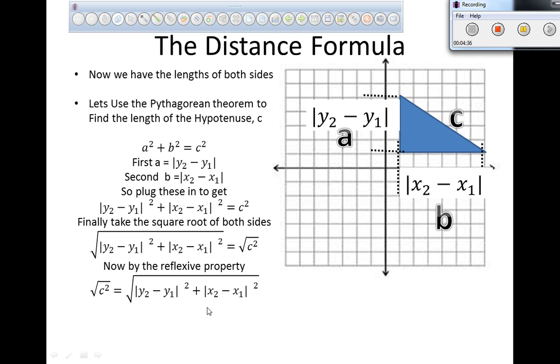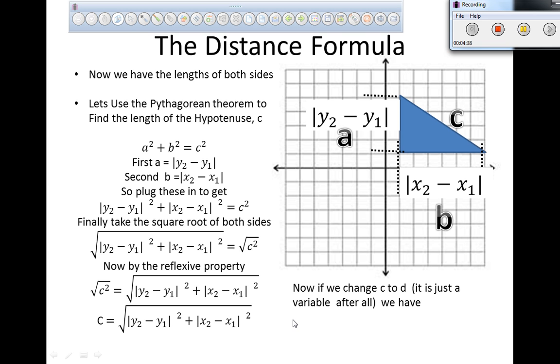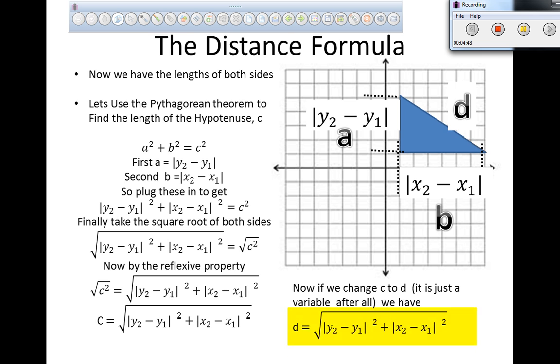They just flipped it here, and then you change it to d. So that's our distance formula using the Pythagorean theorem. Typically you won't see the absolute value written out here, because you're squaring it, so usually we use parentheses.